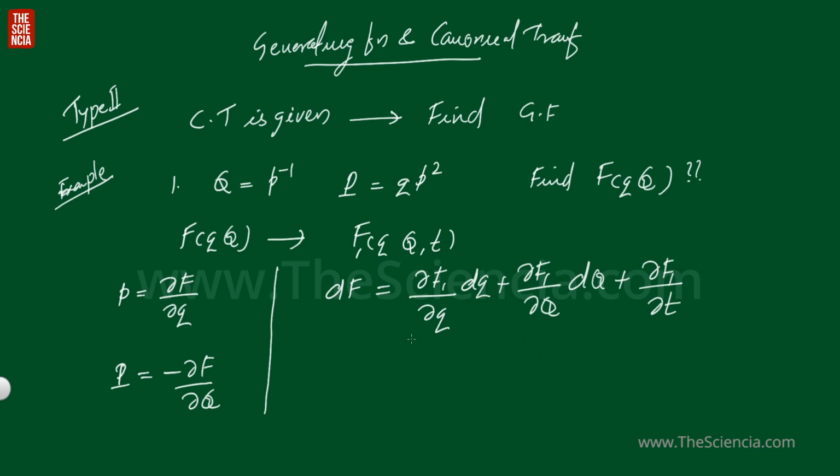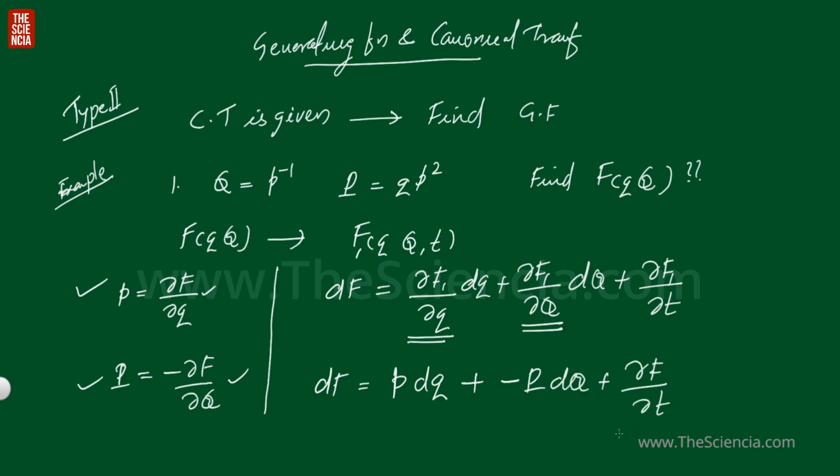So here I can replace these two equations by these two, right? So I can rewrite df is equal to dou f1 by dou q, that is dou f by dou q is small p, dq plus dou f1 by dou Q, that is minus capital P, dQ plus dou f by dou t.